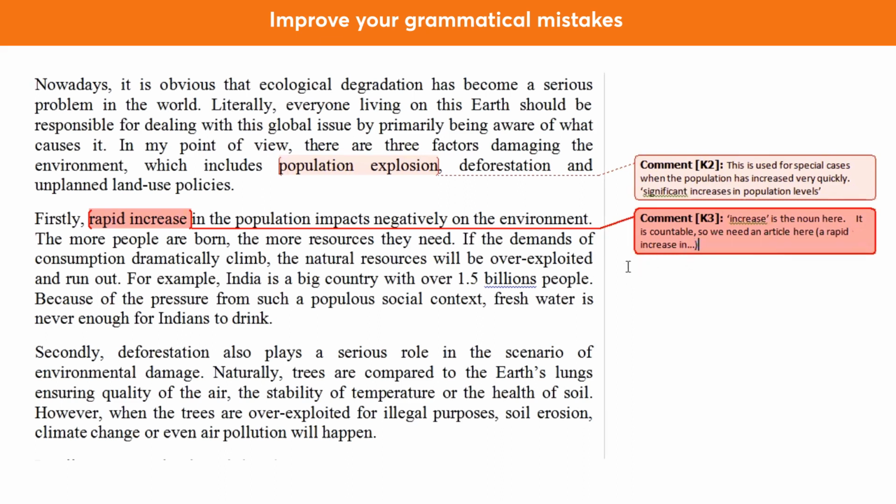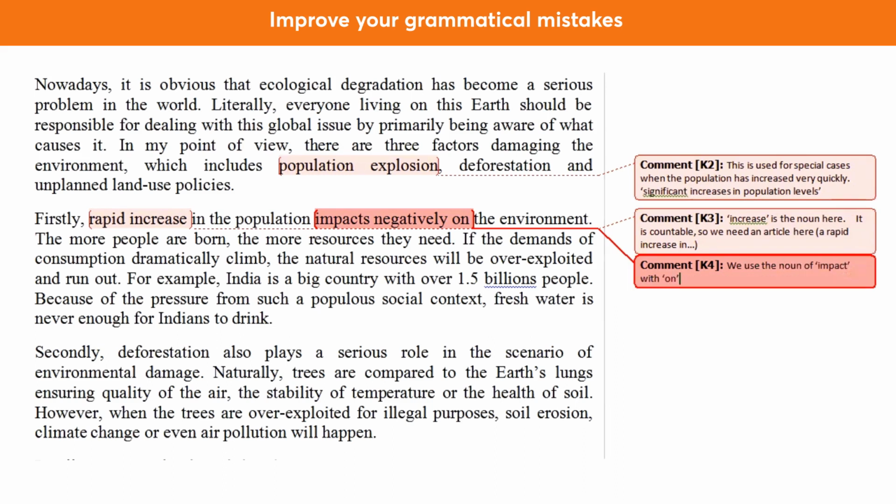All right, on to the next one. What about this? Can anyone see the error here? This is quite a common error. So when we use on, which you can see there, impacts negatively on, we need to use the noun phrase.